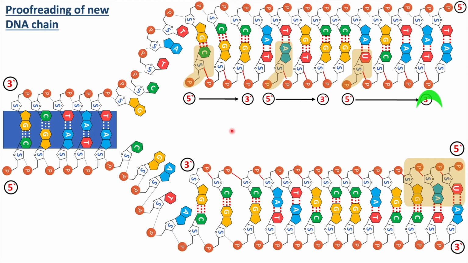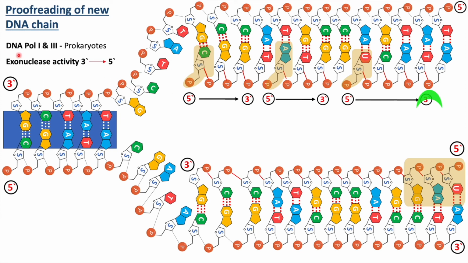If there is any error in the base pairing, that can have very detrimental consequences. It can lead to mutations and perhaps it can even be lethal. So it is important to make sure that DNA replication takes place with as few errors as possible, and that is done by proofreading these nucleotide strands, performed by the DNA polymerase enzyme.